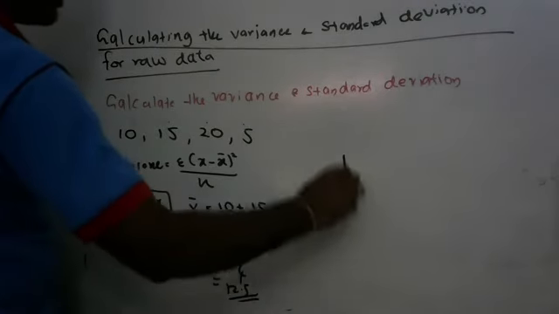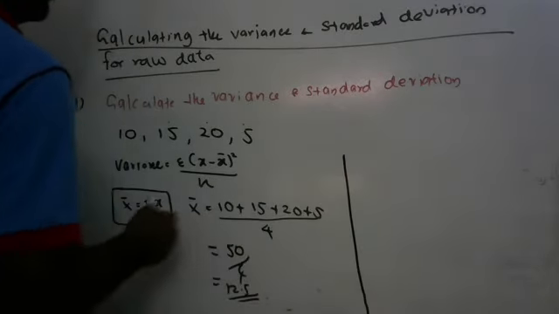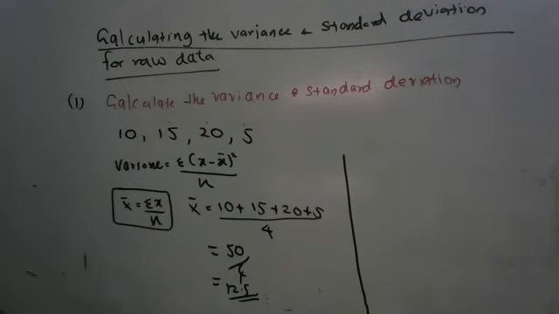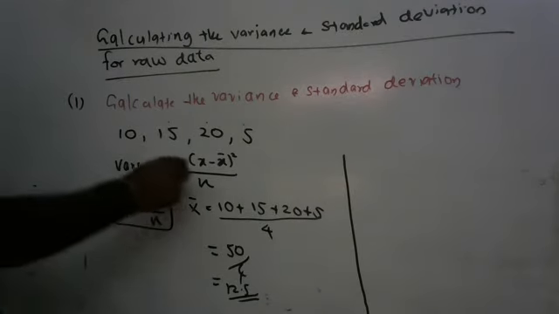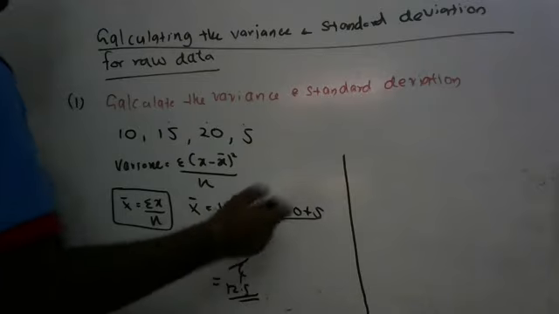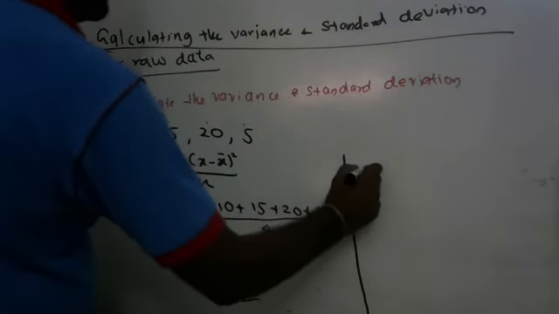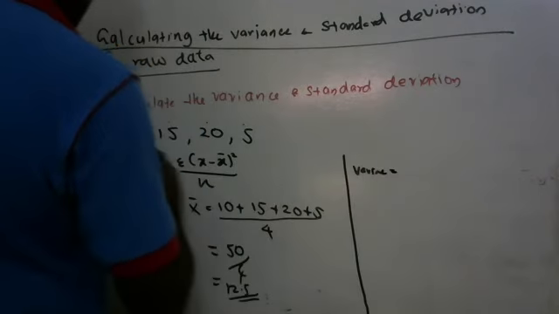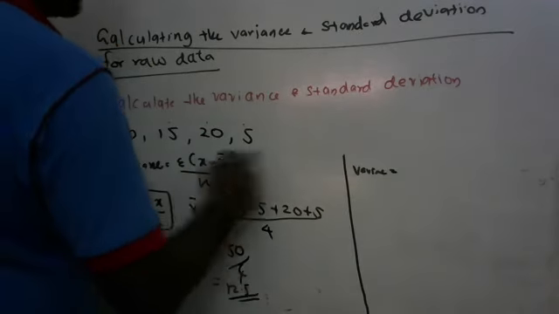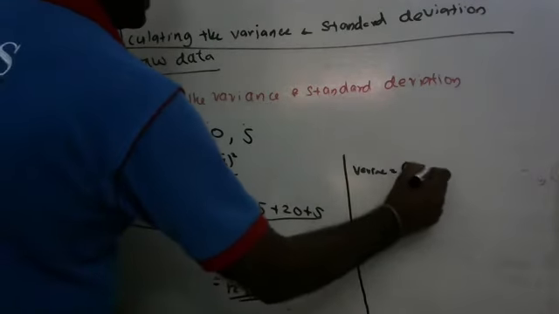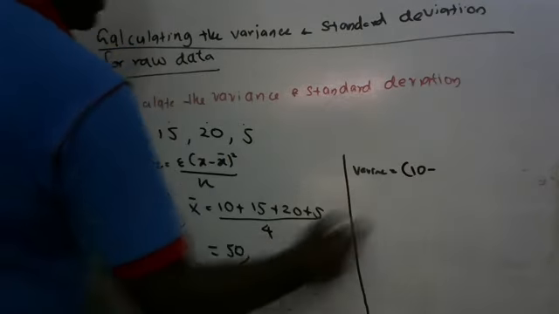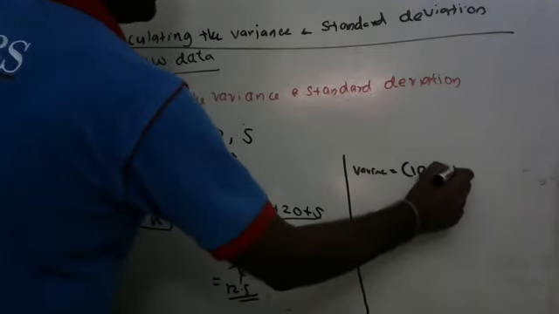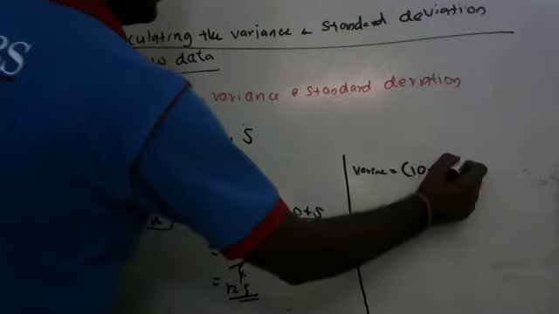Now you can find the variance figure. Variance equals sigma of x minus x bar squared divided by n. That is (10 minus 12.5) squared, plus (15 minus 12.5) squared, plus (20 minus 12.5) squared, plus (5 minus 12.5) squared, all divided by n.